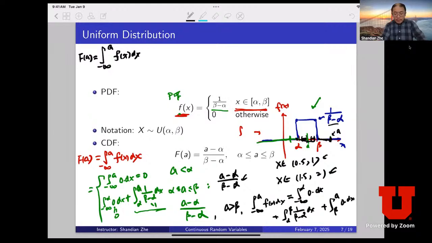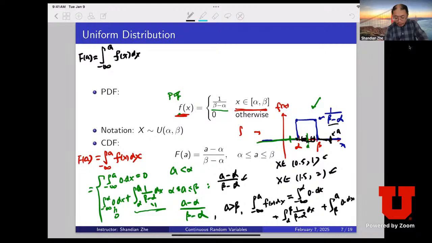Then the question is, how do we choose a, right? Here is the curve of our PDF function f. When we choose a to be bigger than beta, meaning on the right-hand side of beta, our integration is going to go through 3 areas, right?